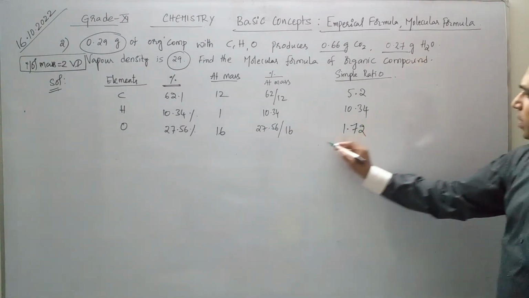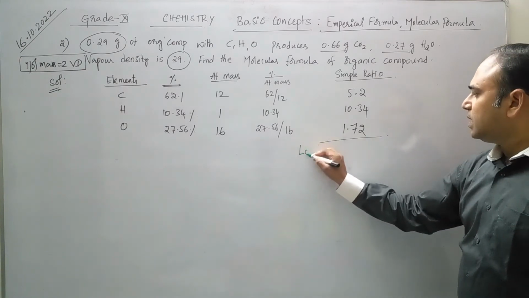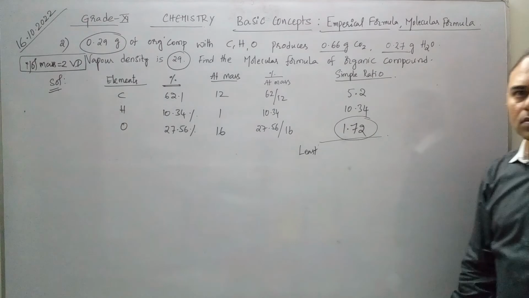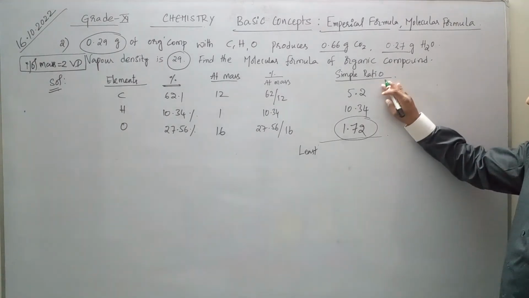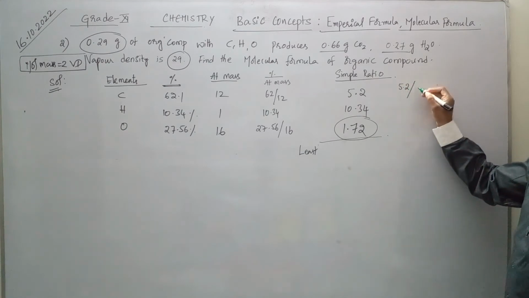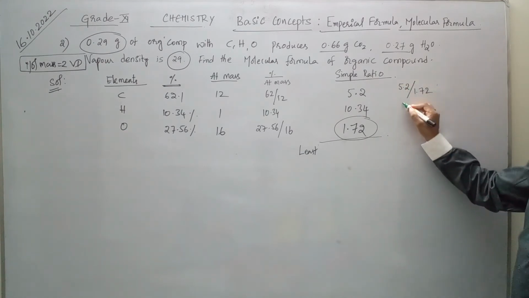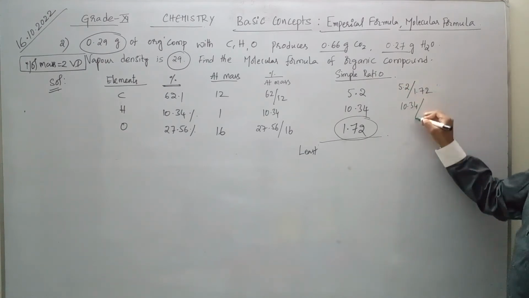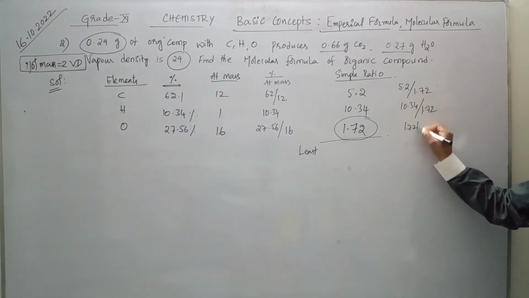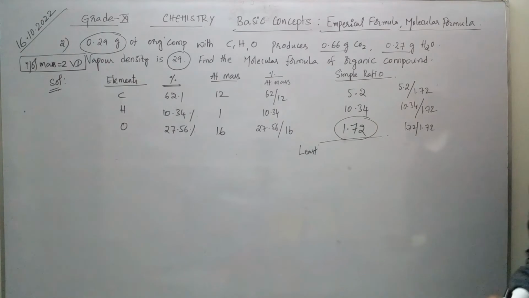Now in this, what is the least number? The least number is 1.72. So we have to divide the remaining 3 using the least number. So 5.2 by 1.72, 10.34 by 1.72, and here as such 1.72 by 1.72.